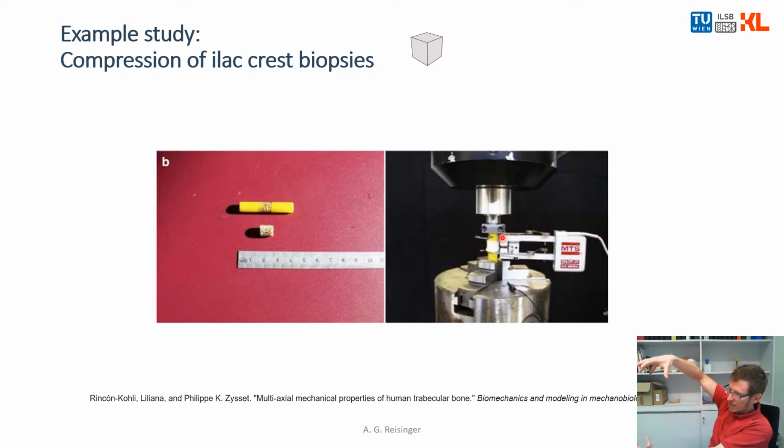So the compression, so the strain of the sample can be measured with this extensometer. And the force is known, and when you divide the force by the cross-section area, which is also known here, you can get the stress.